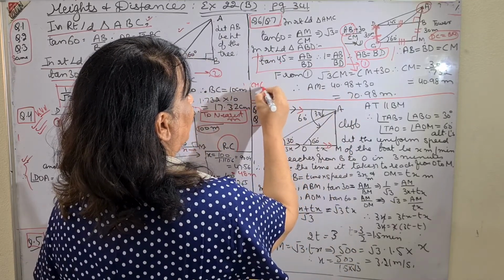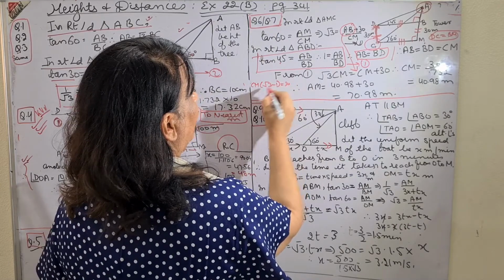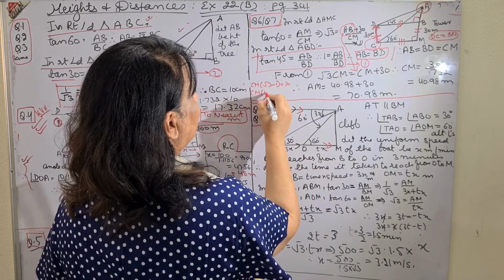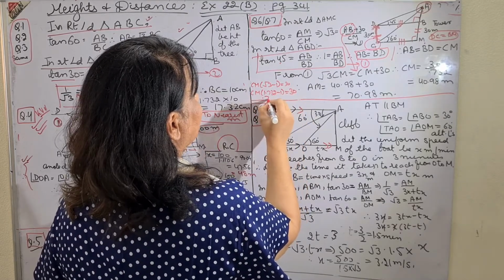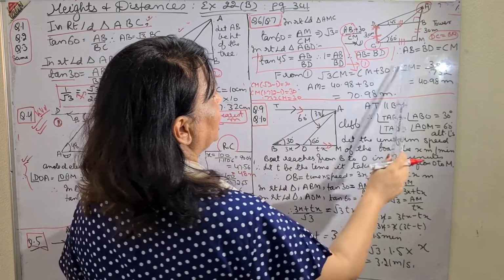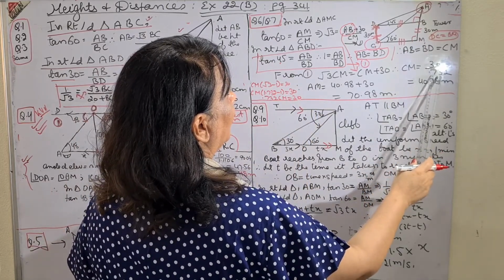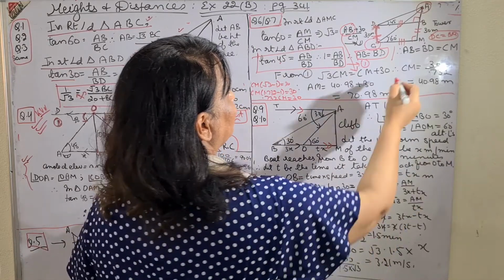You take CM common, root 3 minus 1 is equal to 30, or CM into 1.732 minus 1 is equal to 30, or 0.732 CM is equal to 30. Therefore, CM is equal to 30 upon 0.732. This is 40.98. Your first answer.